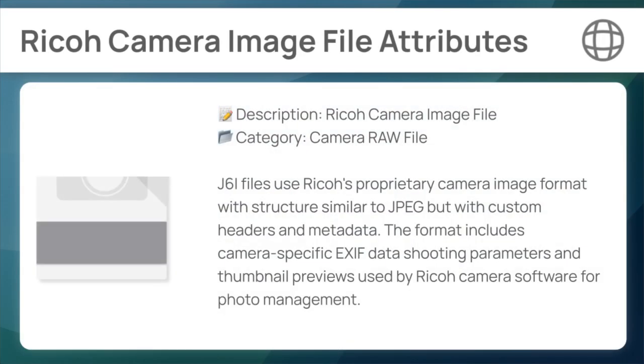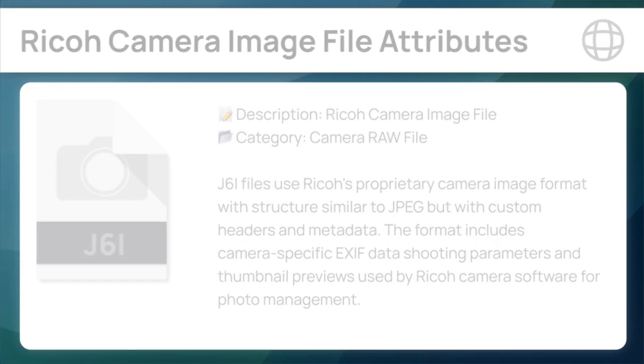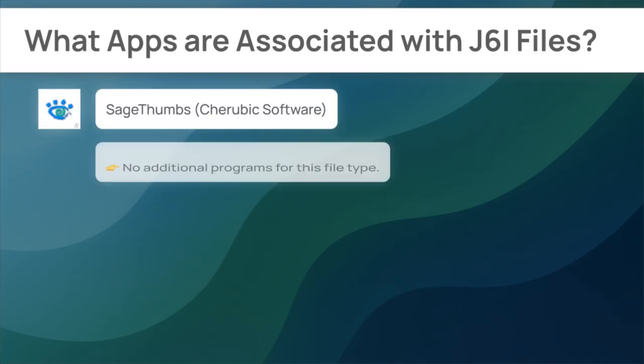J6I files use Ricoh's proprietary camera image format with structure similar to JPEG but with custom headers and metadata. The format includes camera-specific EXIF data, shooting parameters, and thumbnail previews, used by Ricoh camera software for photo management. The J6I file originated with and is formally handled by Sage Thumbs developed by Cherubic Software.